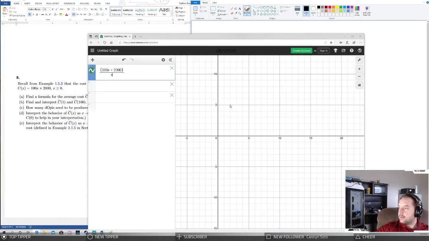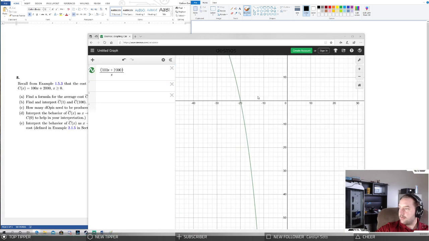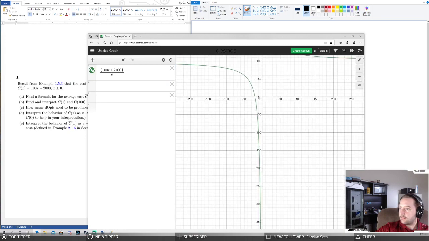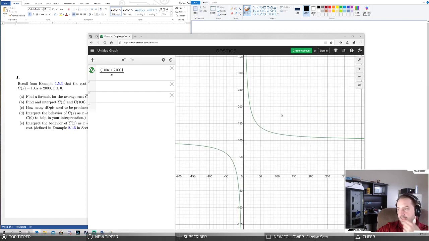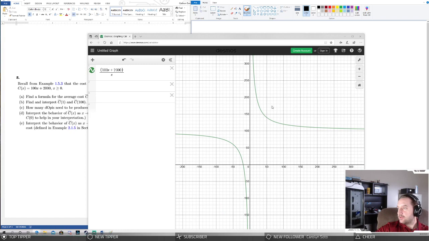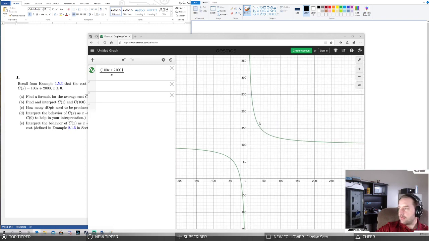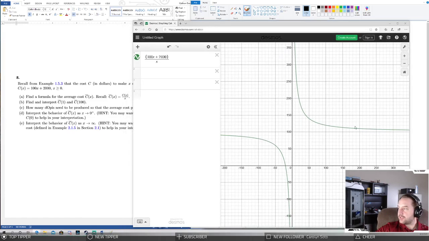All right, so let's look at this graph. It says find and interpret the average cost as it approaches 0 from the positive.